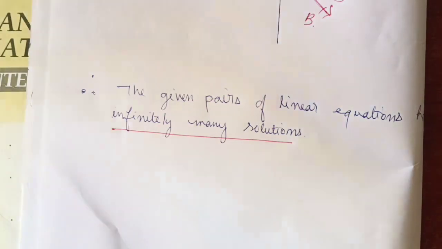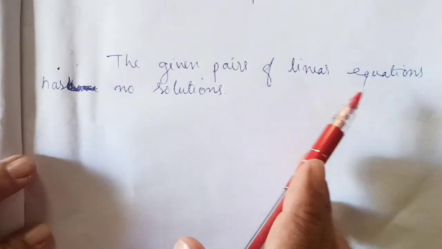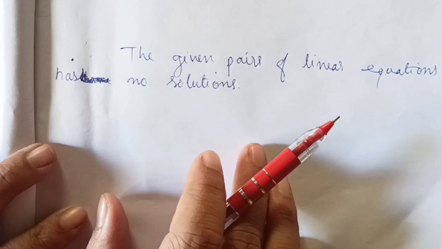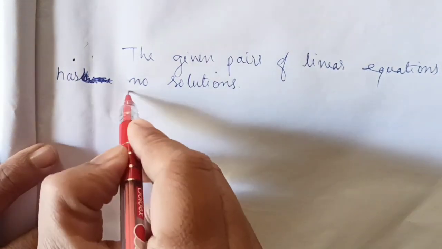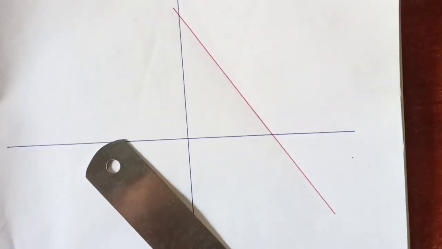So the last type of graph is that the given pairs of linear equation has no solution. Then when do they have no solution? Let's say that there is one line, this graph.